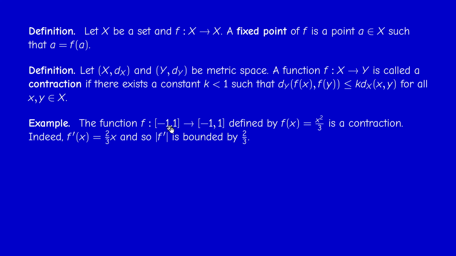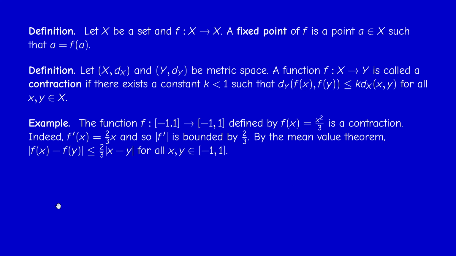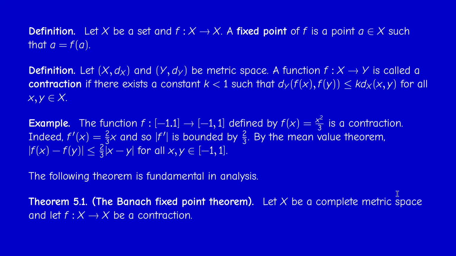If x is between -1 and 1, then in absolute value x is less than or equal to 1. So F prime of x is less or equal than 2/3 in absolute value. And so by the mean value theorem, |f(x) - f(y)| is less or equal than 2/3 |x - y|. Here we are taking the usual distance on [-1, 1]. So f is a contraction with ratio 2/3, which is less than 1.